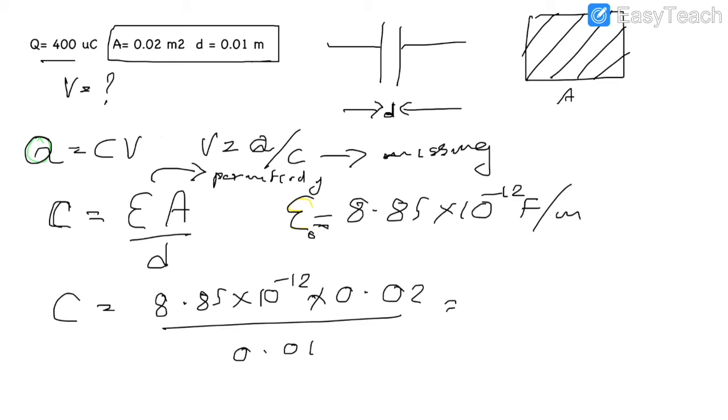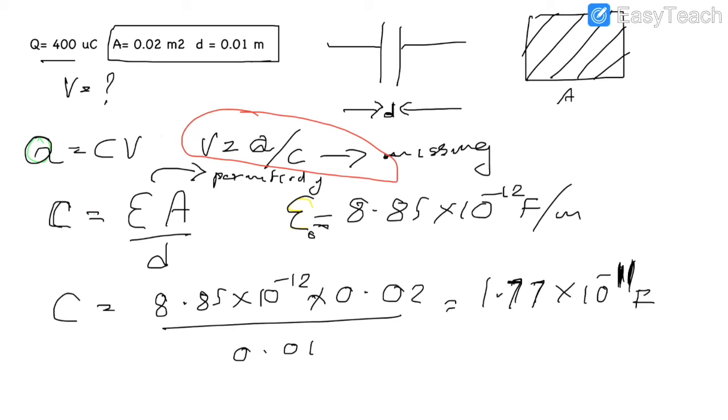A very simple calculation gives us 1.77 times 10 to the power minus 11 farads, which can also be written as 17.7 picofarads. So this was our main formula, and we had the capacitance value missing. Now we know how to find the capacitance of a parallel plate capacitor.